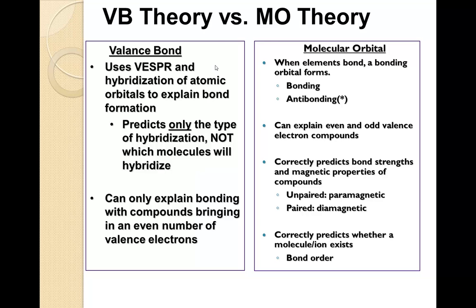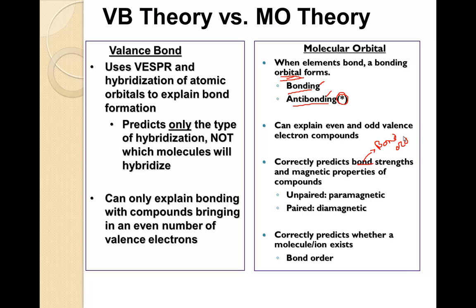Bonding orbitals form. We have bonding and we have anti-bonding, which is signified with a star. Bonding is in phase, anti-bonding is out of phase. It can explain both even and odd valence electron compounds. It correctly predicts the bond strength using the bond order and the magnetic properties of the compounds.